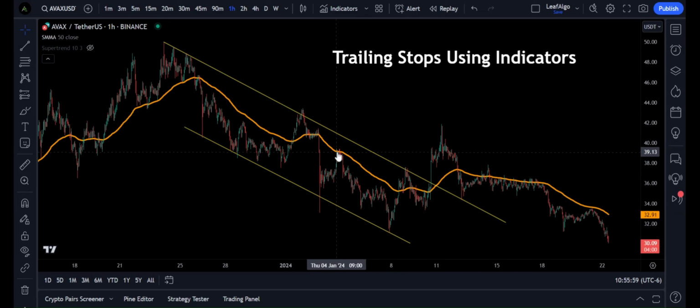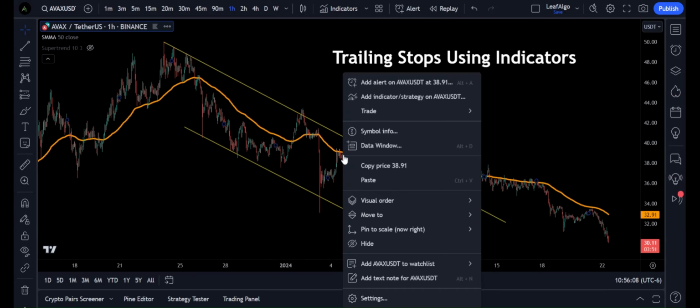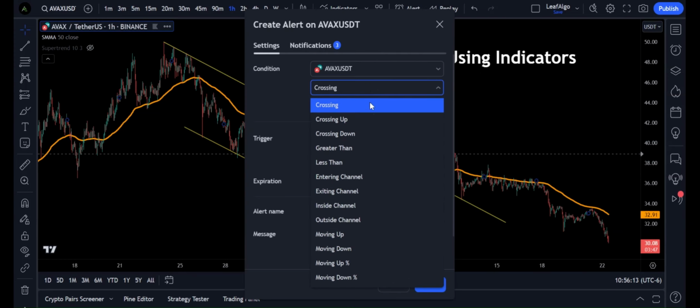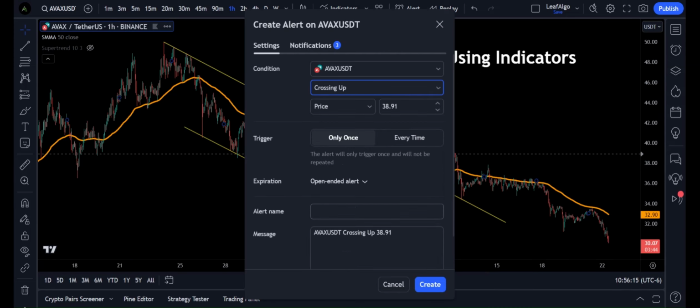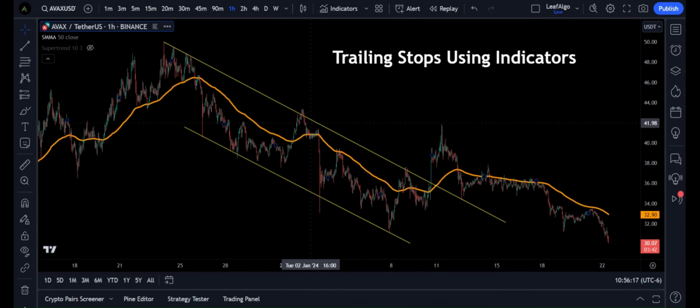I have an SMA on here, or an SMMA, of 50 length, and you look for a break and close above that to close out your position. So again, you could come in here, add an alert, have a crossing up, and then enter in your stop loss name here. And that would attach an alert here that would allow you to exit your position if the price were to break and close above.